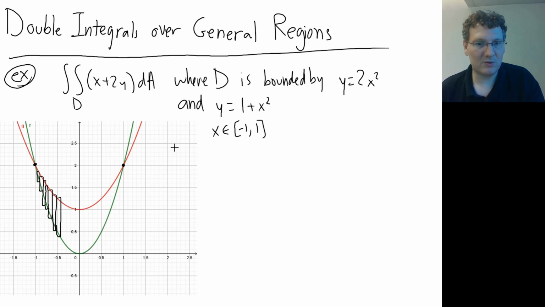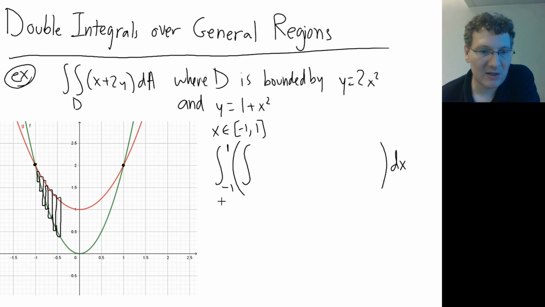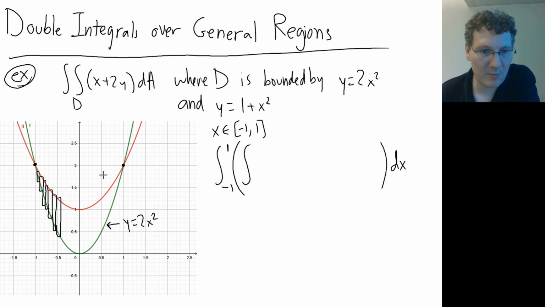So we're going to set up the integral with the constant bounds for x on the outermost iterated integral. I'm going to write it like this, and the next layer is going to be the y bounds. y is going to be bounded by a lower function, y equals 2x squared, and the upper function is y equals 1 plus x squared.